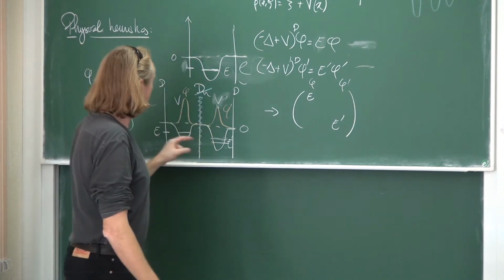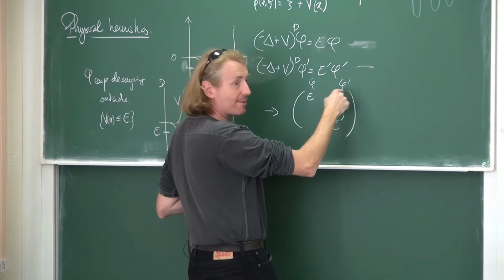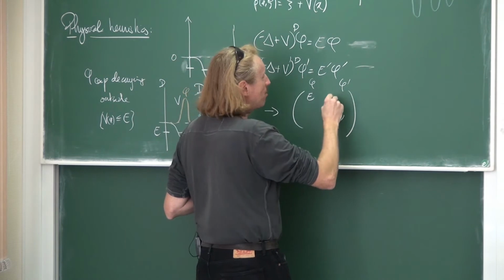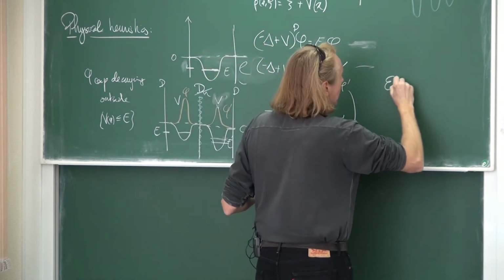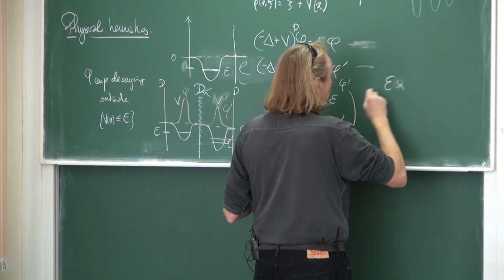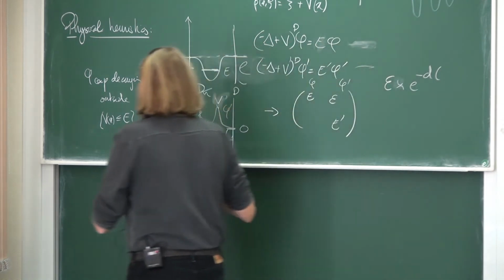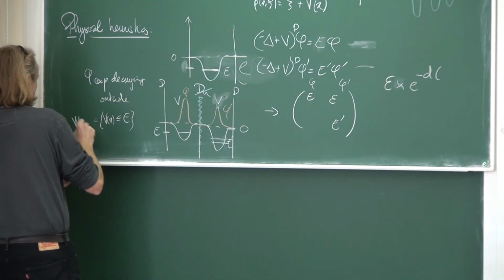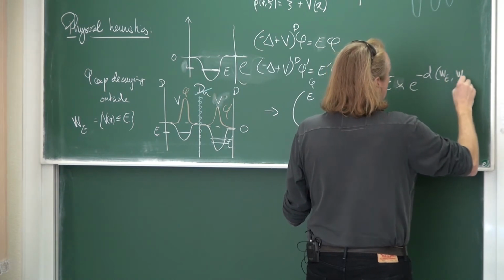So what do we have here? We have the interaction between phi and phi prime, which is some number epsilon, where epsilon is roughly e to the minus the distance separating the well at E and the well at E prime.